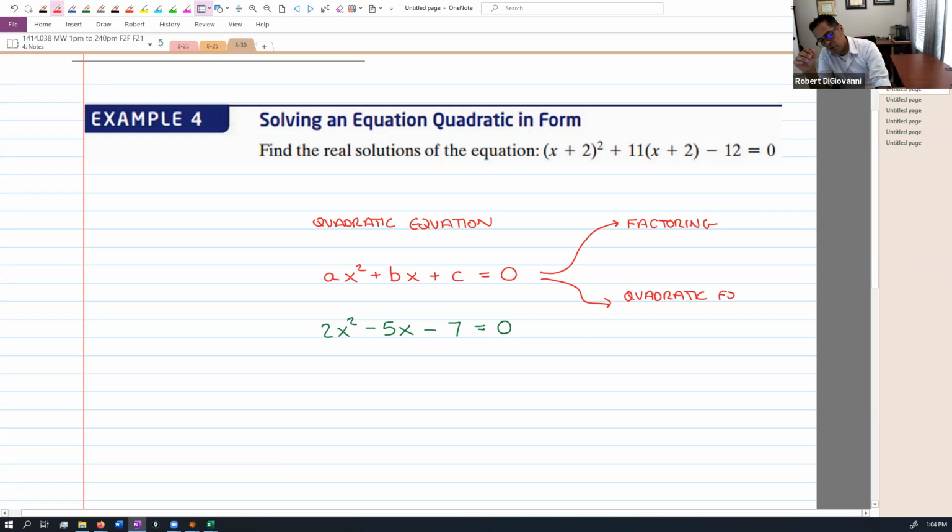I know most of you are familiar with this formula. The quadratic formula says that you can always find the solutions to a quadratic equation using x equals negative b plus or minus the square root of b squared minus 4ac, all divided by 2a.